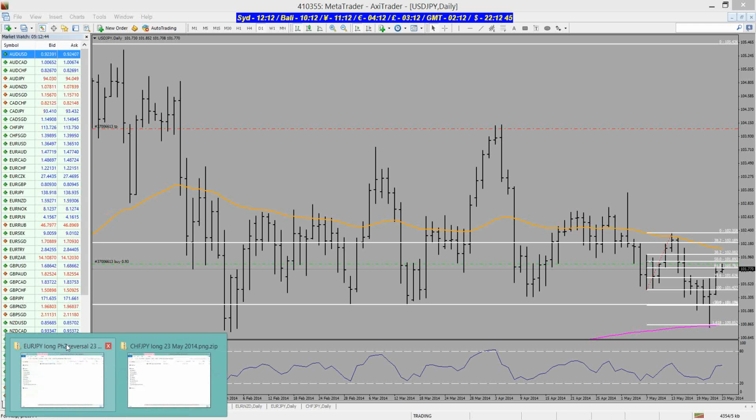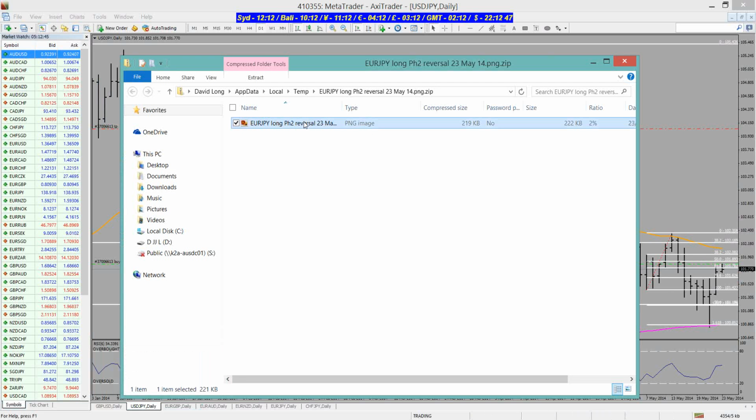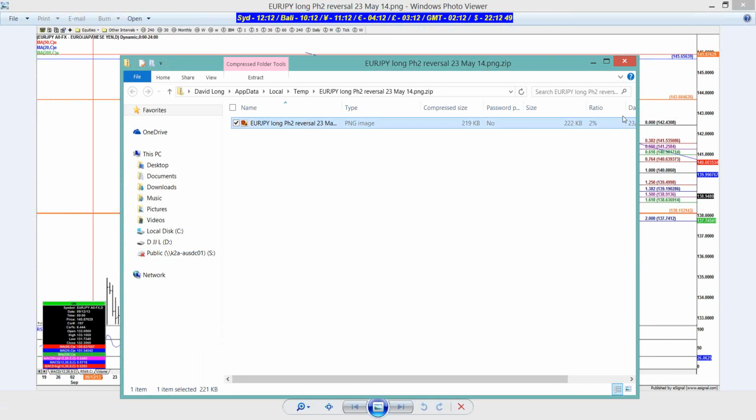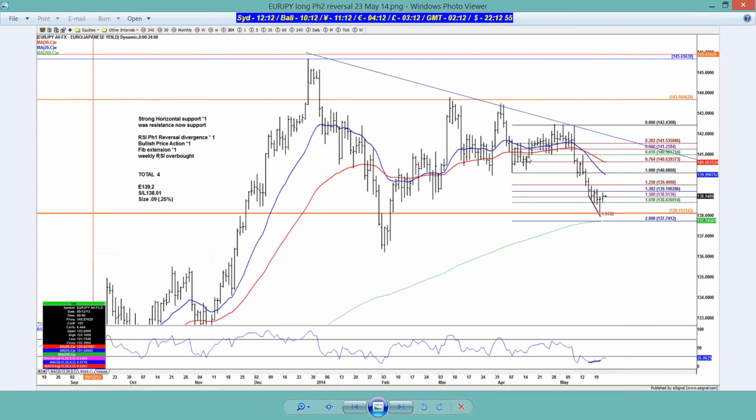This account has put orders on both of these. Euro yen phase 2 trade. There's divergence there. Your Fibonacci extension. Just on your Fibonacci's, a couple of things you don't need is 1.382 and 1.25.